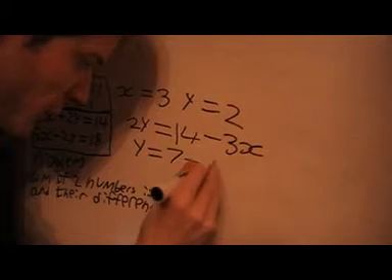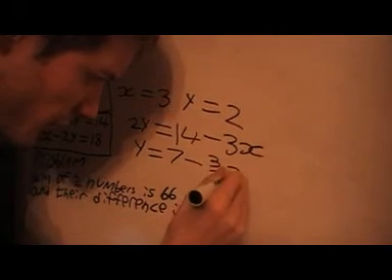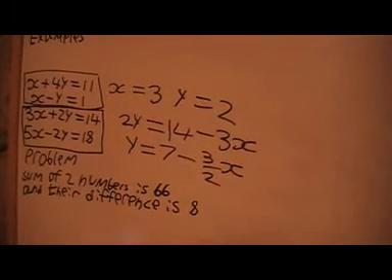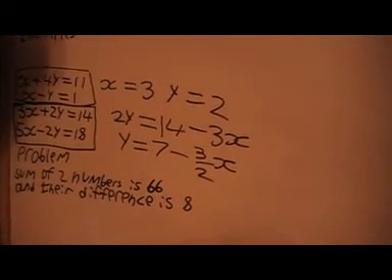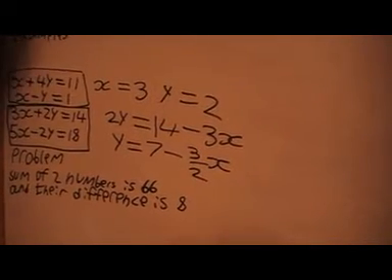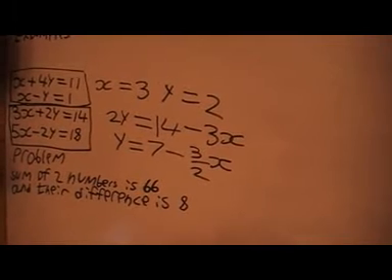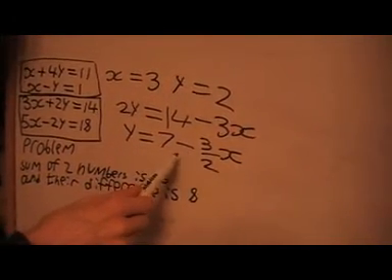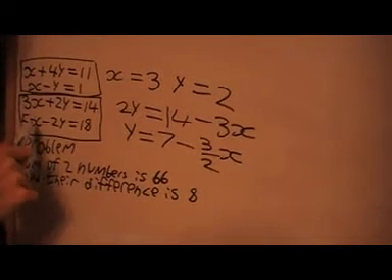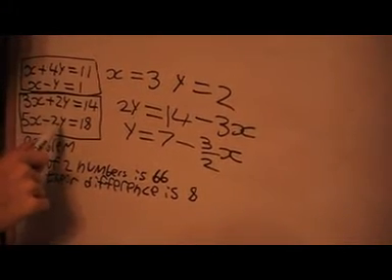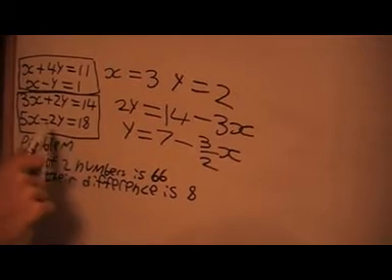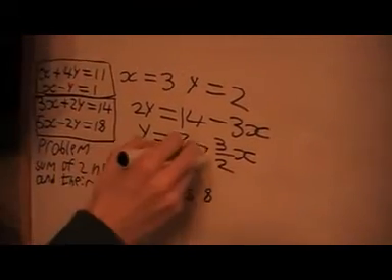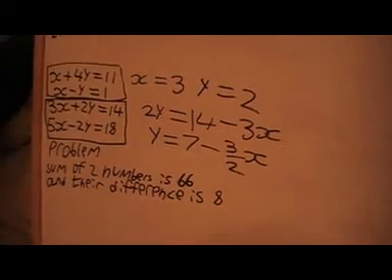So we'll get 7 minus 3 halves of x. And this could get a bit nasty here because we'll have to substitute that here for y, so that we can make this all x's. But this fraction will soon disappear, so that's why I've made this example.